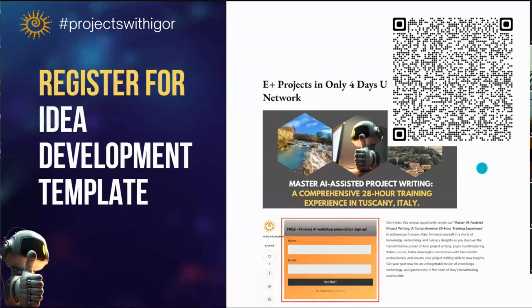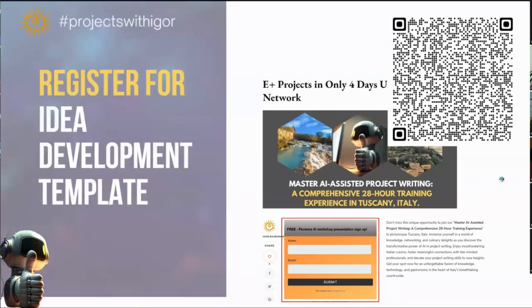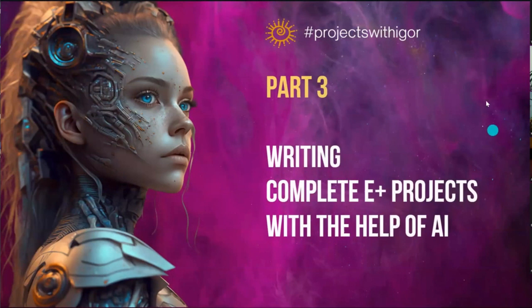Okay, so we are already over there, but we still have another part. It's part 3, how to write a complete Erasmus Plus project with the help of artificial intelligence. This is the 3rd part, and I need to say that this is one of the easiest ways to make projects in history.